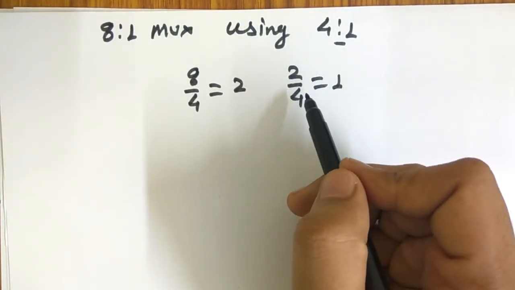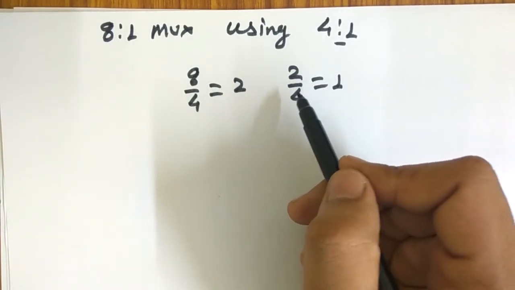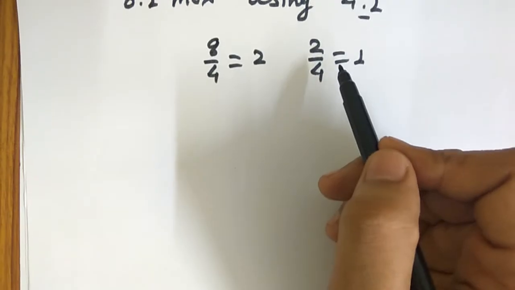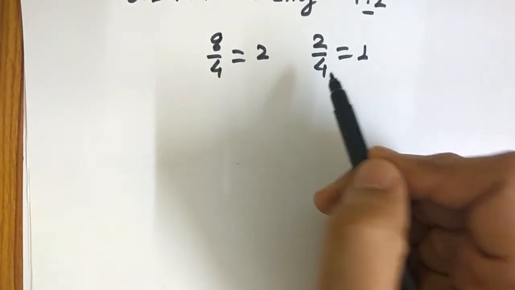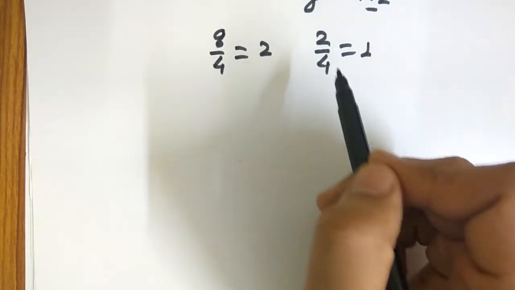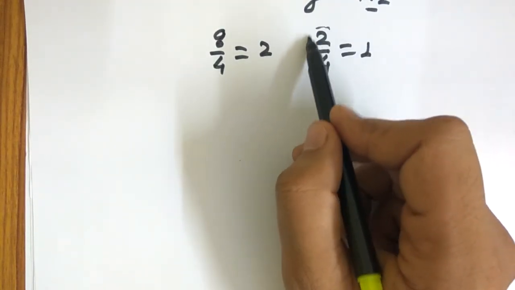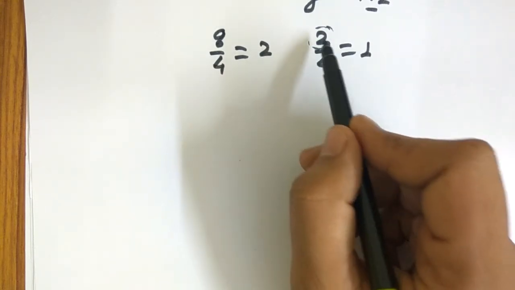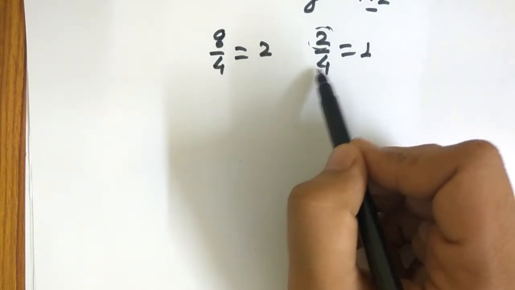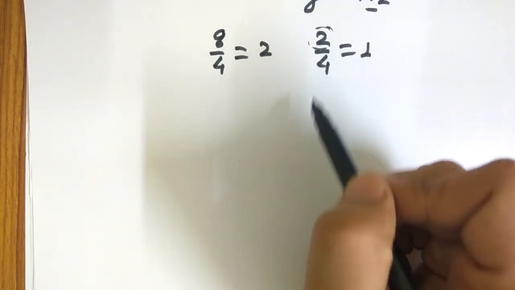What is the meaning of this not being completely divisible? This is saying that one mux will not use all the inputs, we would have to use only two inputs. If here it is 4, then it is completely divisible, which means we are using all 4 inputs.